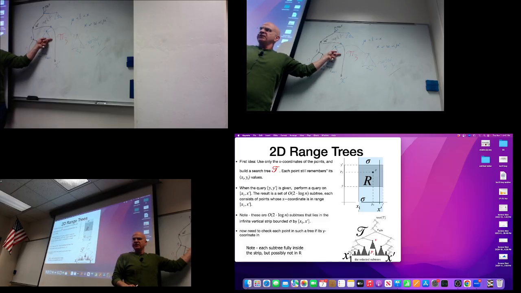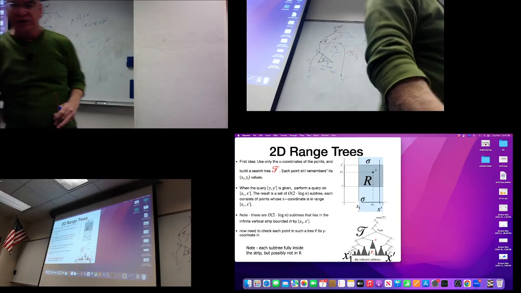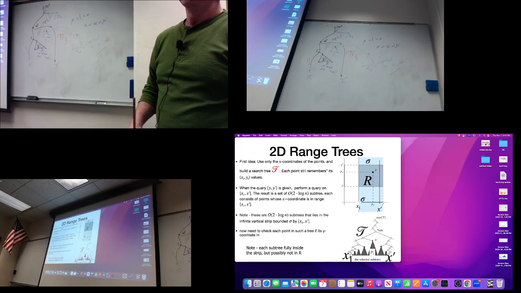They are between X1 and X2. What I want to know is which one of them are also between Y1 and Y2. So check every such subtree if it's also in range of this Y.